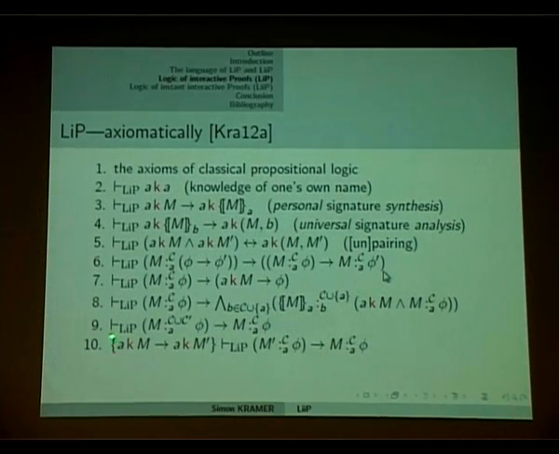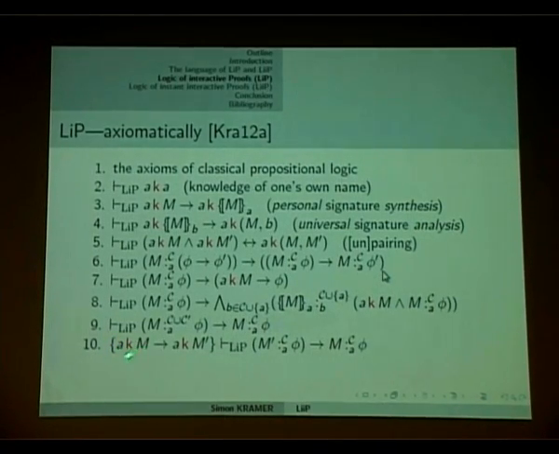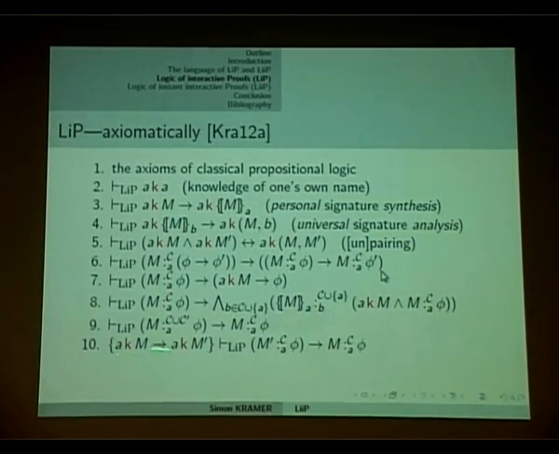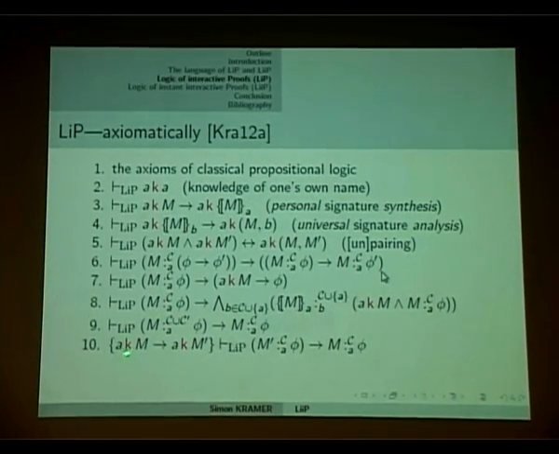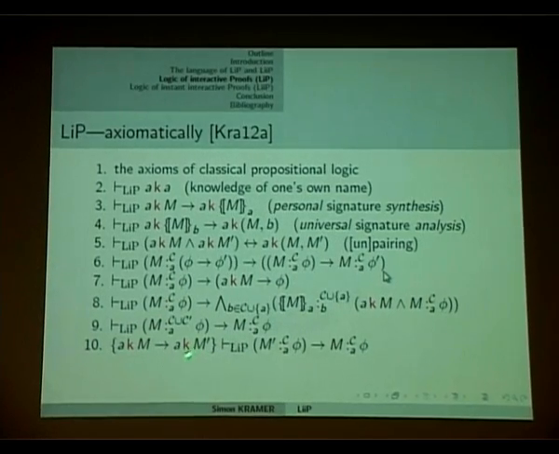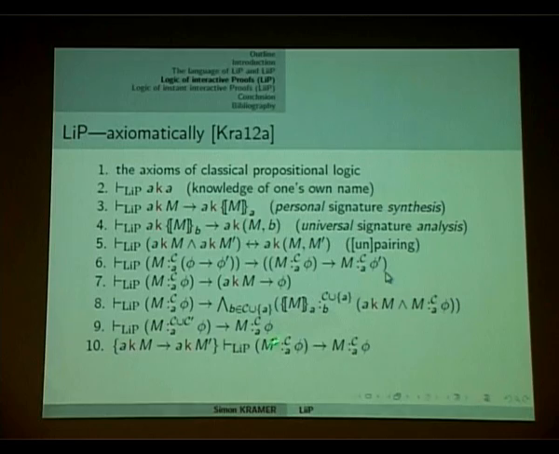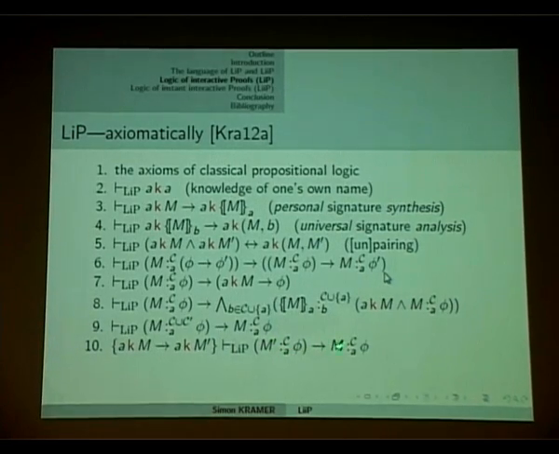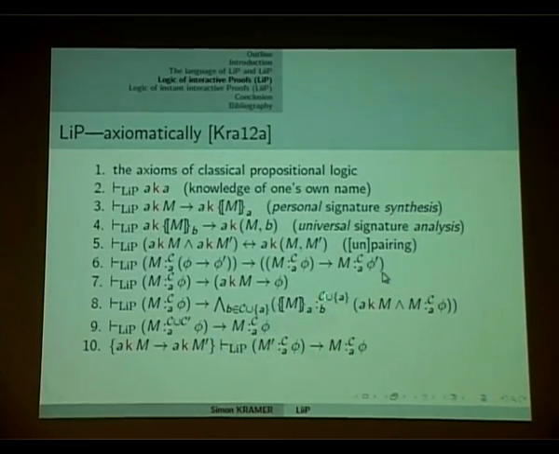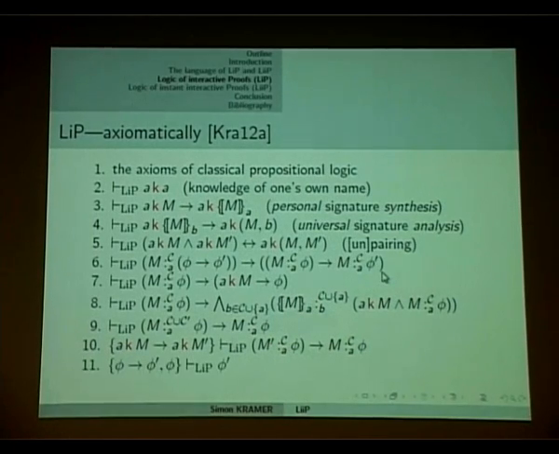This characterizes almost the monotonicity, right? So this is a rule, right? These have been axioms. This is a rule. So whenever A knowing M implies that A knows M prime, then if M prime can prove phi to A, then also M can prove phi to A. Then we have modus ponens and necessitation.